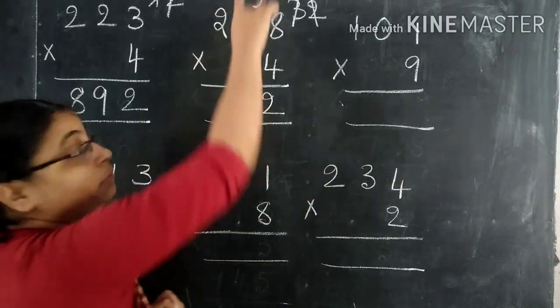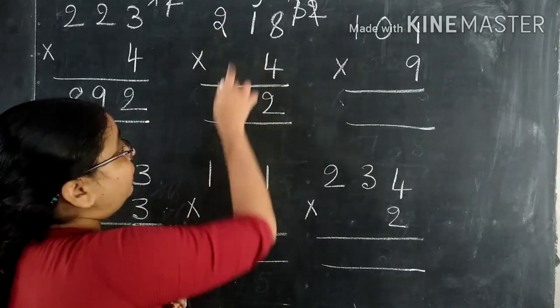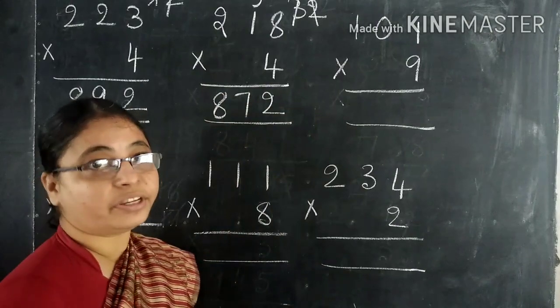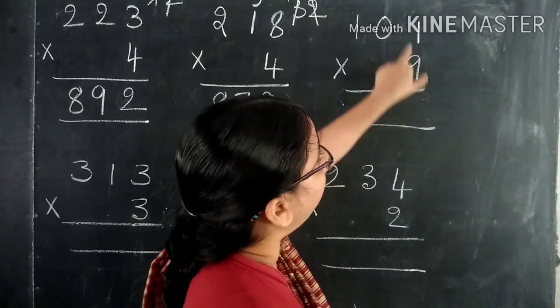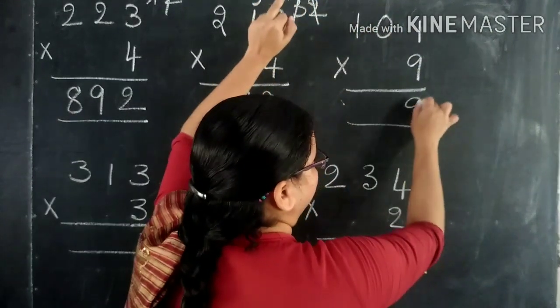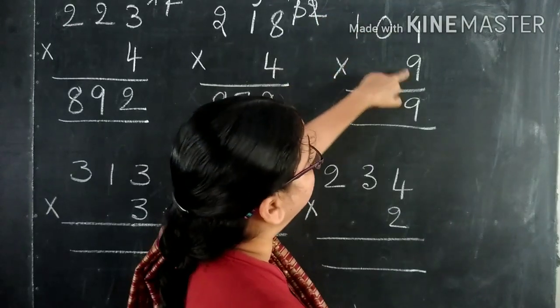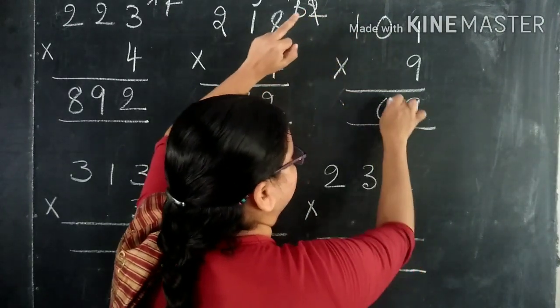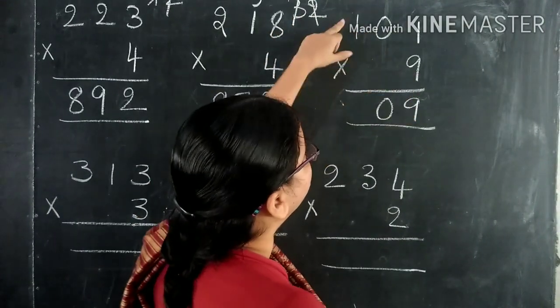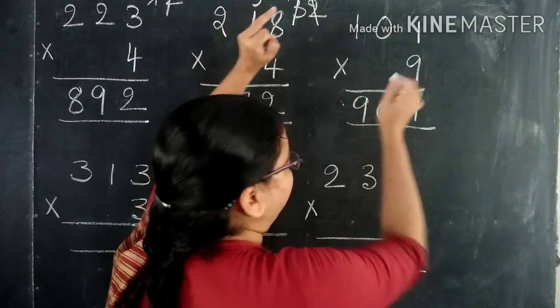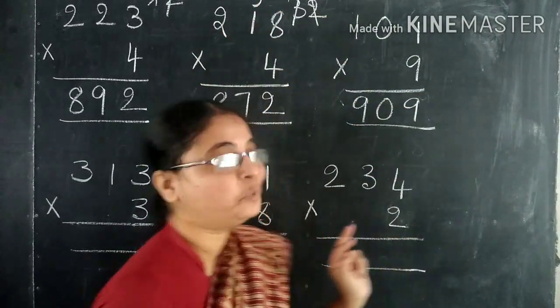Here nothing is there now to add. So 4 2s are 8. Okay? Now 9 1s are 9. 9 zeros are 0. 9 1s are 9. This is very easy, no?